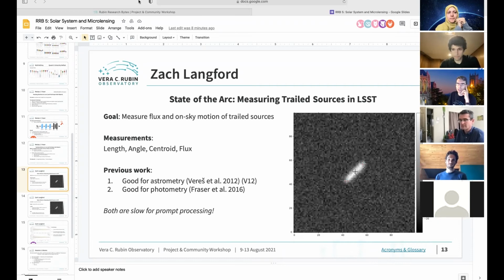The biggest thing that Zach discovered here is that with the adaptive moments, which the stack already measures, we can measure trail lengths with almost no loss of precision relative to direct fitting by just doing an analytic transformation. So it's one equation and you're done, which is kind of amazing. We understood why in the end. We haven't explored beyond that, because this is the fastest I think we can get, given what the stack already has to do.